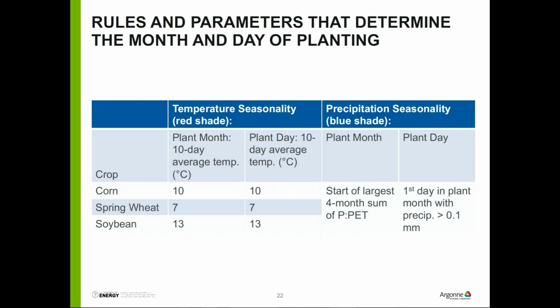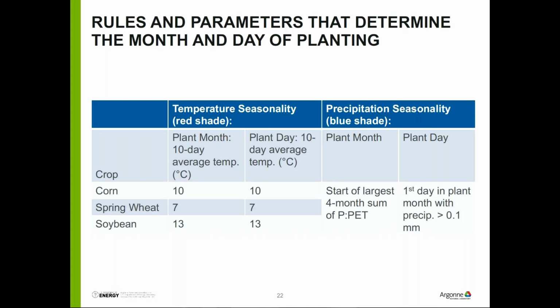And then from there, we can figure out exactly when we want to plant. This graphic just shows you a grid of when we're going to plant for the different crop types. So for a temperature seasonal cycle, which is the first set of numbers, the plant month is when we have the average temperature.